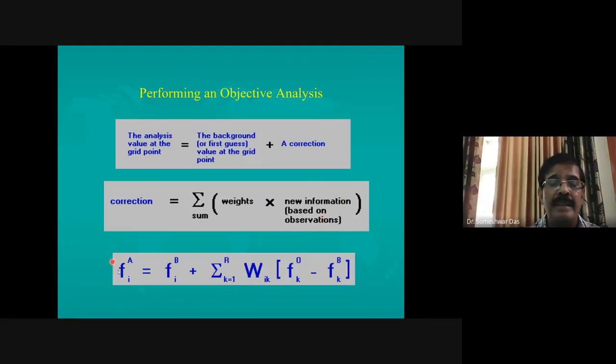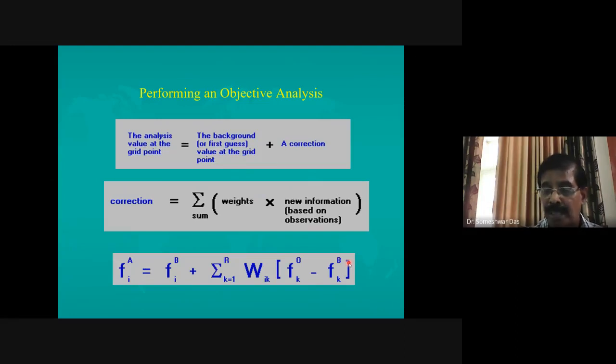So the analysis at any grid point i is equal to the background at that grid point i plus the sum, k being the iteration number, of the weighting factor for that iteration number times the difference between the observation and the background. This is how the objective analysis is done.